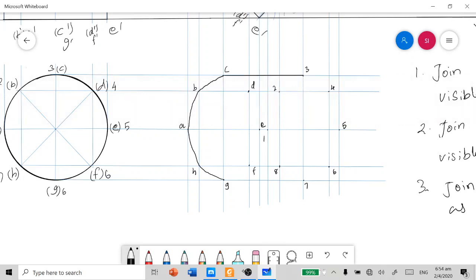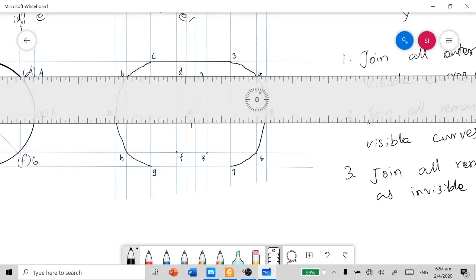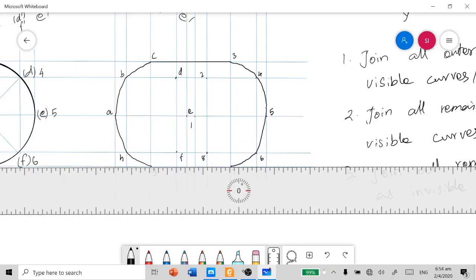And then the portion 3 to 4, 4 to 5, 5 to 6, 6 to 7 can be again joined as a visible curve. This can be performed by freehand first and followed by French curves. And the portion 7 to G can be joined as a straight line.